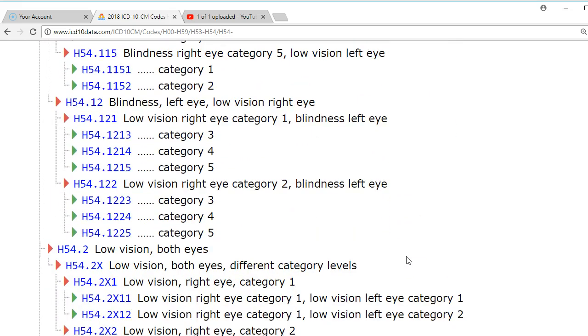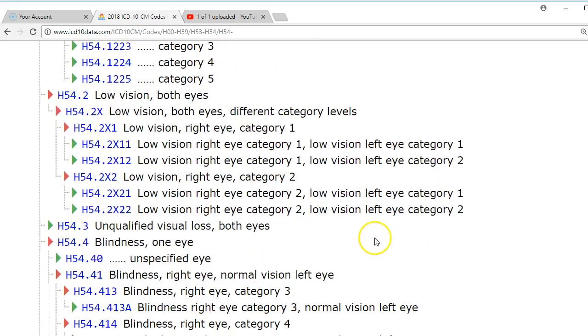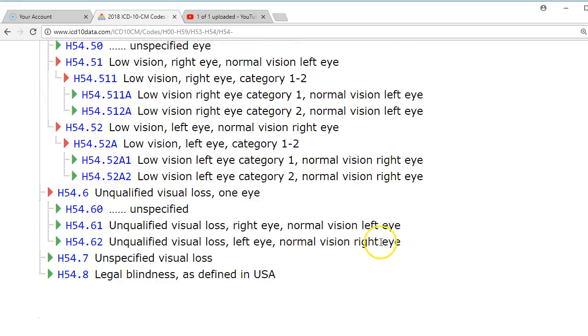Okay, and so this is something that doctors have to do. Again, low vision is usually considered any vision with correction that is 20/200 or worse. Blindness usually is what we call NLP, no light perception. So again, how is the doctor describing the patient's vision?